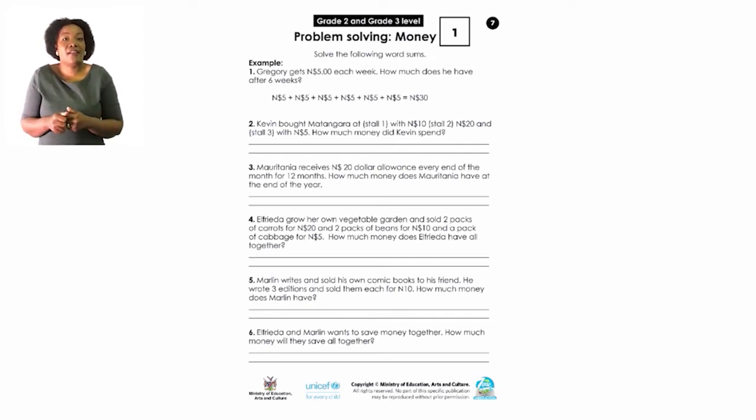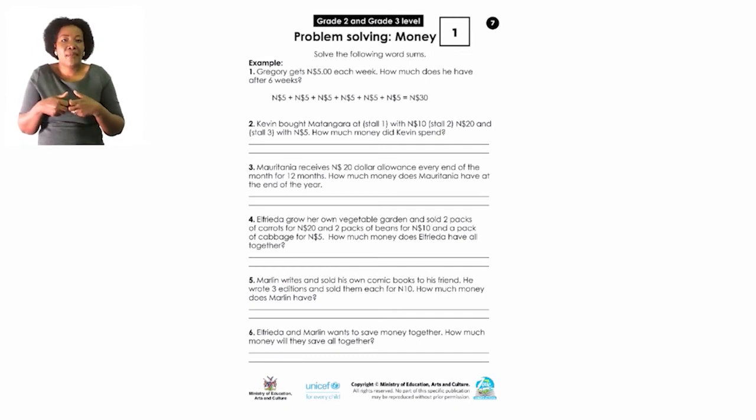It says solve the following word problems. Example number 1. Gregory gets $5 each week. How much does he have after 6 weeks? Okay, now if he has to spend $5 a week, we have to always remember what we discussed in our previous problem solving.